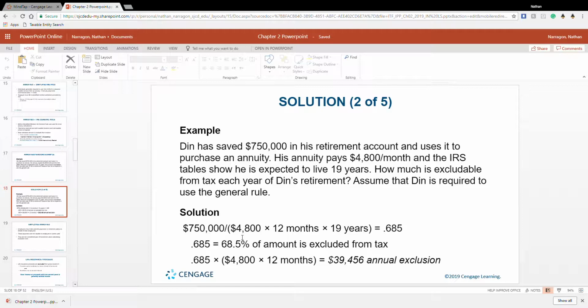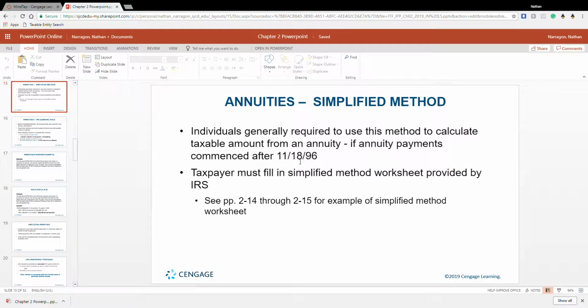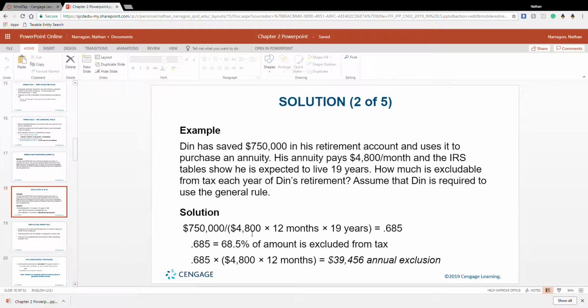Now if we knew Den's age, we can see which one's better, the simplified or the general. But because of the rule, if we look back here, if the annuity payments commence after 96, they have to use the simplified method. No ifs, ands, or buts. But if it was before 96 and they're still getting paid, then we actually have to use this.